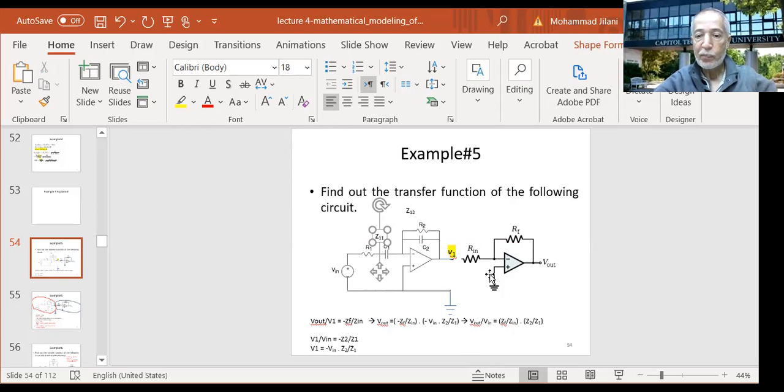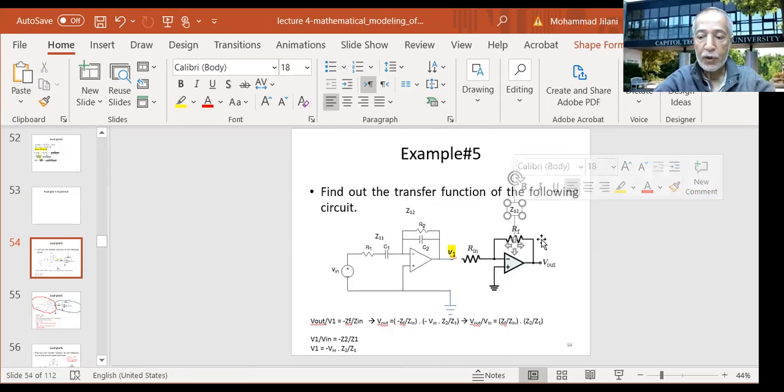And here, that's my Z2, which is my second. This is Z22, and this is Z21.